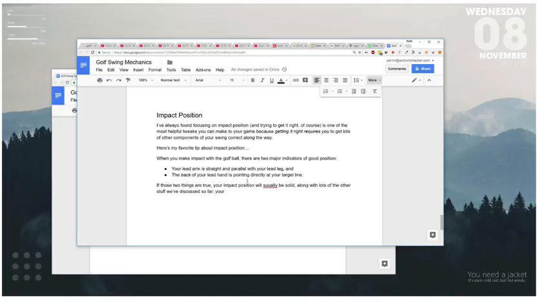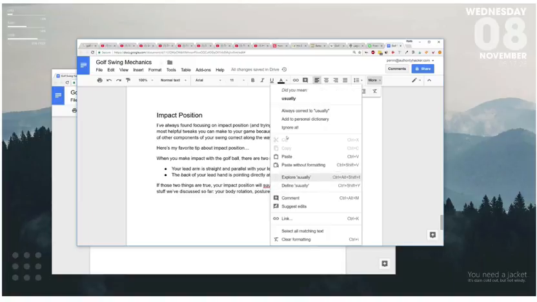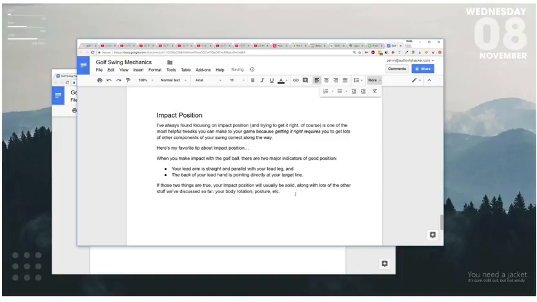Your body rotation, posture, etc. So we're not even going to put in mistakes. It might seem unbalanced, but it's better than making something up where I just didn't find any mistakes specific to impact position, because it tends to be the result. Maybe there is, I just didn't find them, so I'm not going to write them.